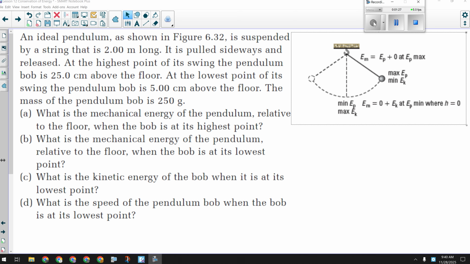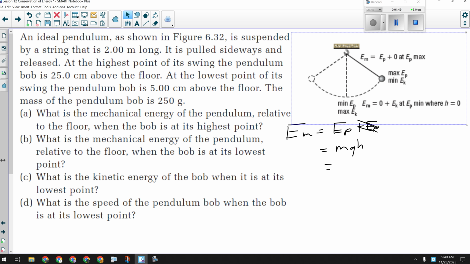Potential only, because it's swinging out to the side. That's where it stops for an instant. So mechanical energy is the sum of an object's potential energy plus its kinetic energy. But in that situation, it doesn't have any kinetic energy. So all of its mechanical energy can be calculated by going m times g times h.